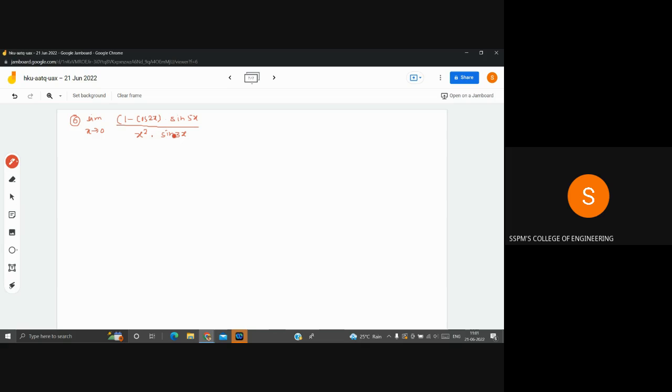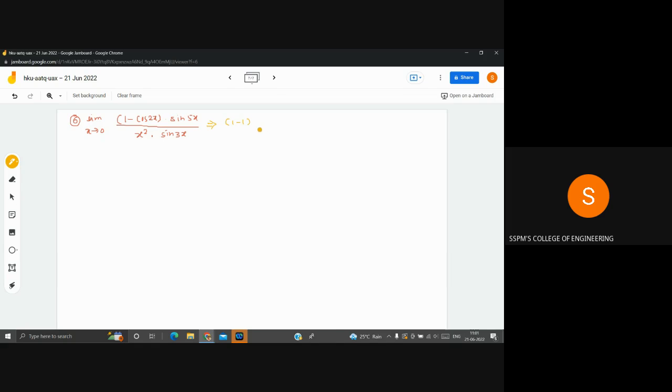When this kind of function is there and x tends to 0, what limit will we get? See here, when you apply the limit as x tends to 0, cos 0 is 1. So 1 minus 1 is 0.